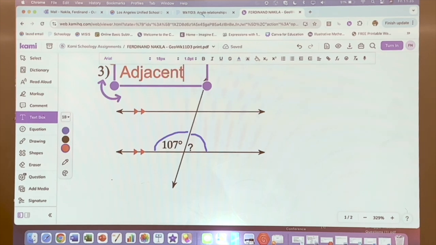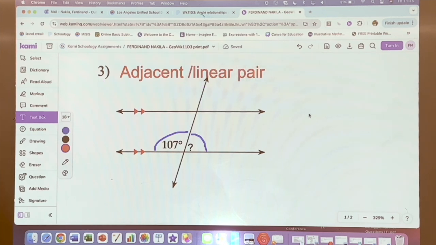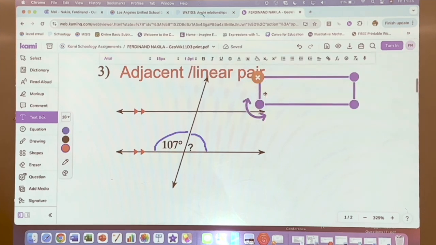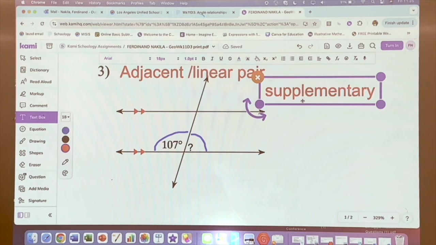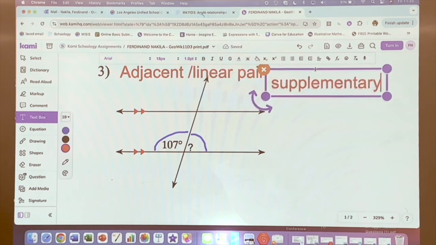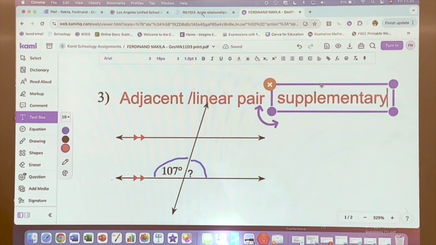Or this is what we call linear pair. I can put a slash, linear pair, to remind you that this is supplementary, because they create a line. So supplementary, that means angle 1 plus angle 2 equals 180. Correct.